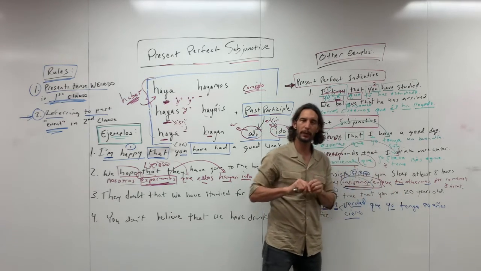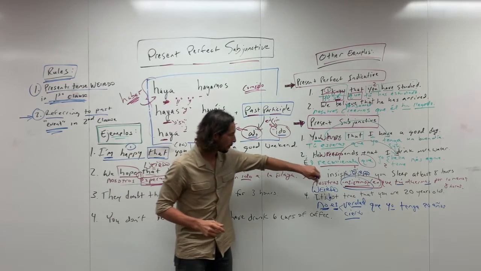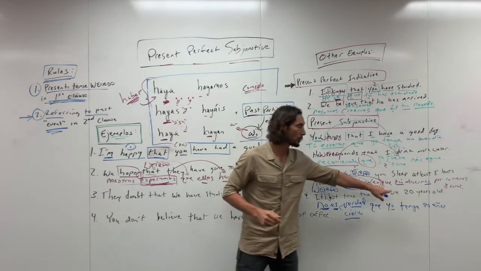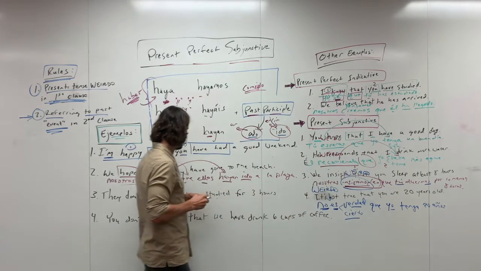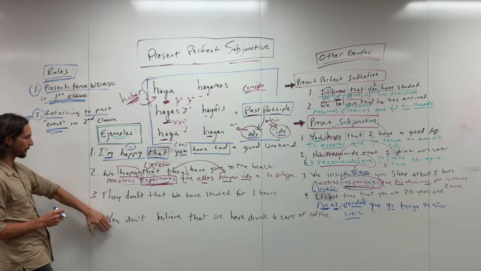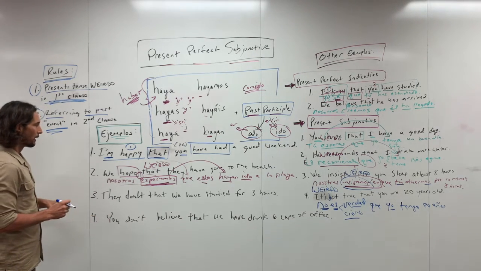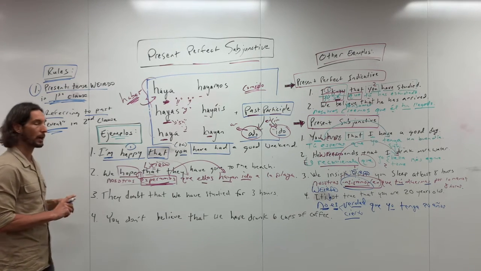And so hopefully you're able to grasp this concept of weirdo in the first clause, subjunctive in the second clause, because I want to finish with this. And so I'll bring you guys on over here so we can look at number 3 and 4. Oh, I skipped over number 1. So let's look at number 1.